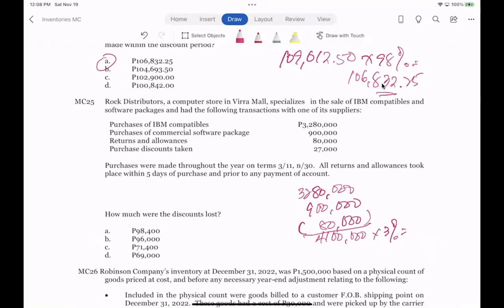Therefore, the discount that is available is 123,000, but the discount only taken is 27,000. Therefore, discount lost is 96,000. So it's letter B.